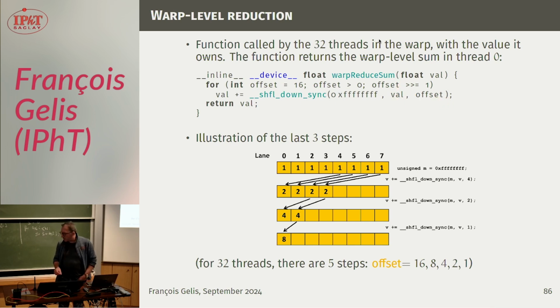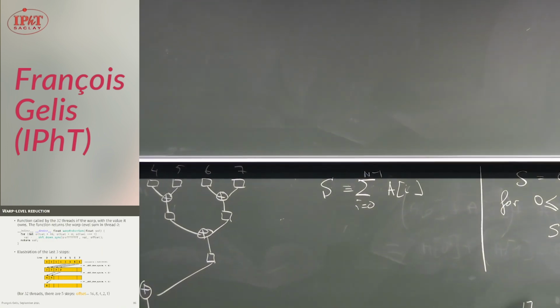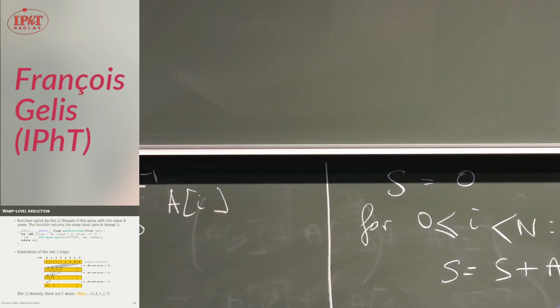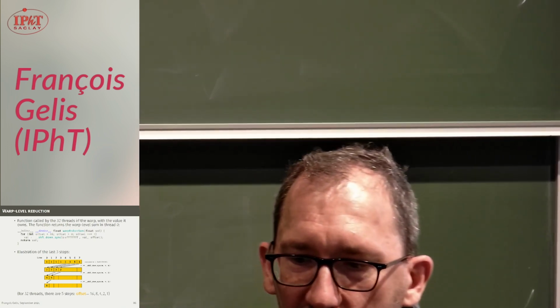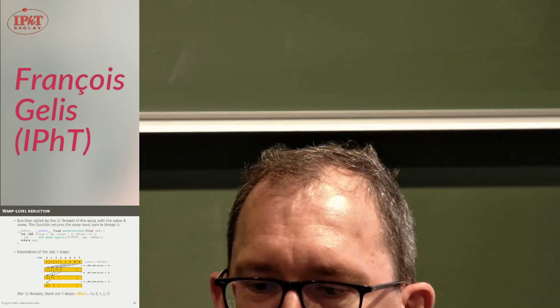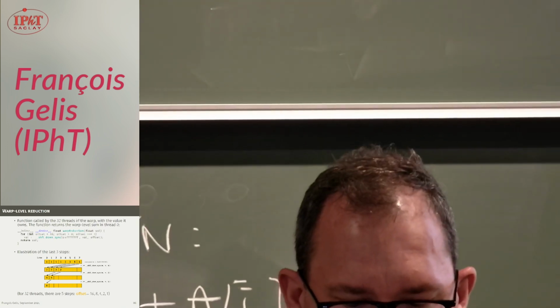What it returns is, if it's called by thread number I, it will fetch the value at I plus offset. So in the first iteration, it will fetch the value which is 16 addresses further, and it will add it to its own value. So this is what is done here.